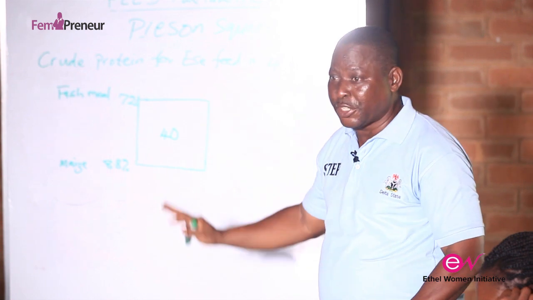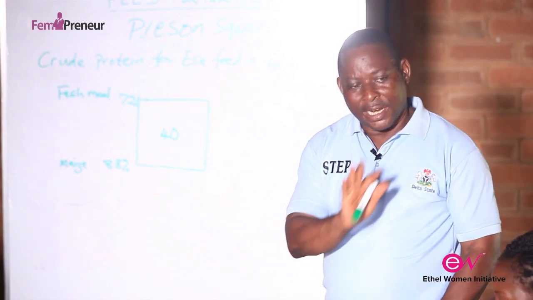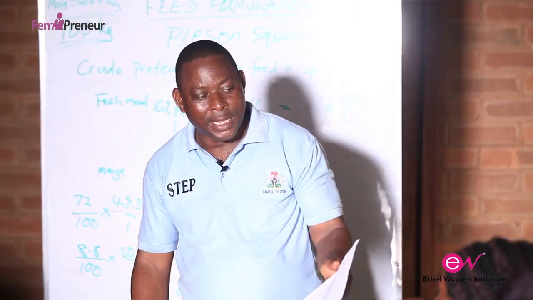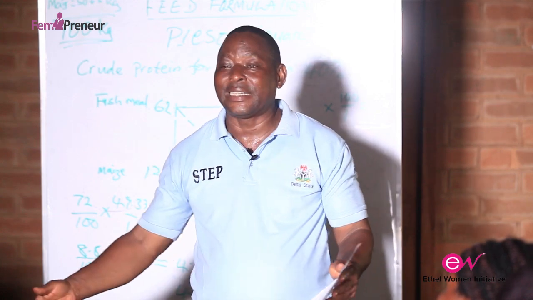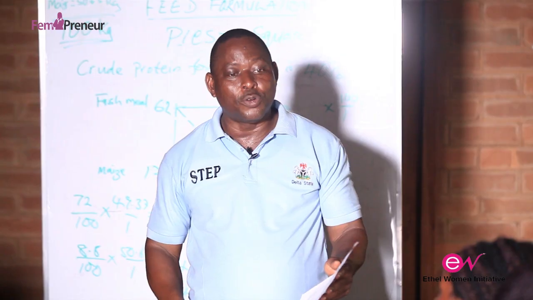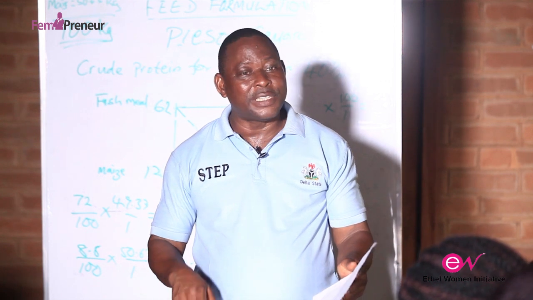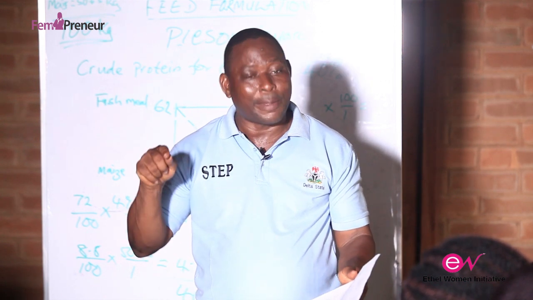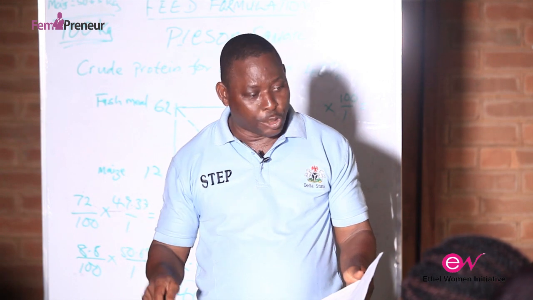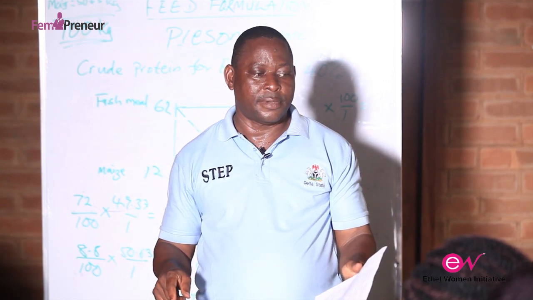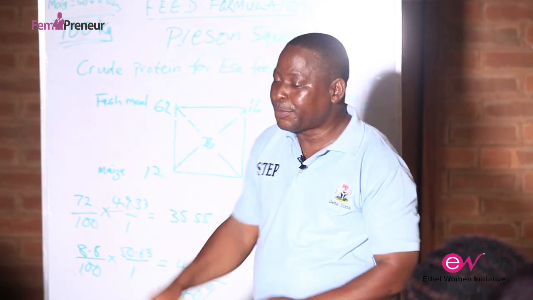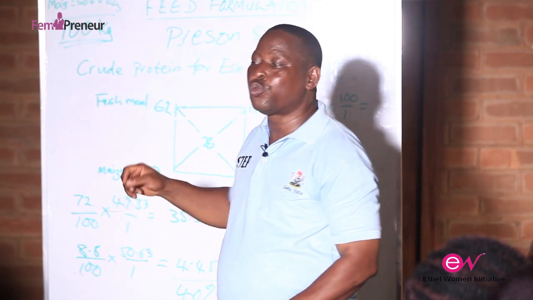But we want to start from the simple one, then we'll gradually graduate to that. Assuming you pick about 9 ingredients you want to use to formulate the feed, each of them has carbohydrate, each of them has protein. And you want to use this Pearson square method to do your calculation.